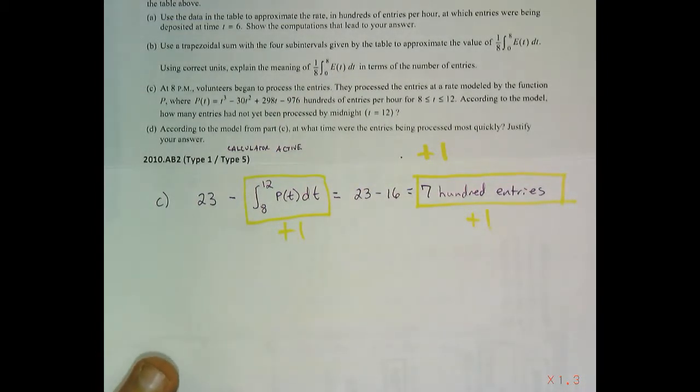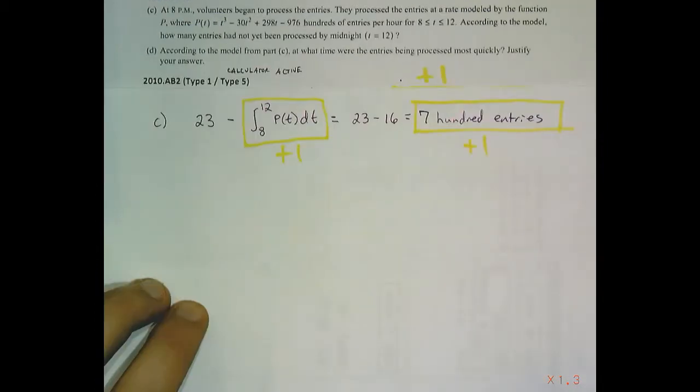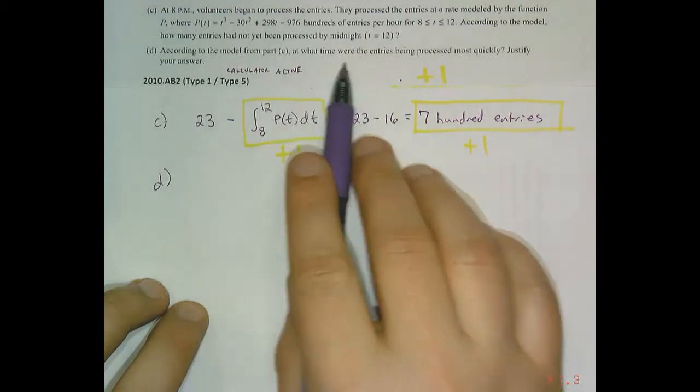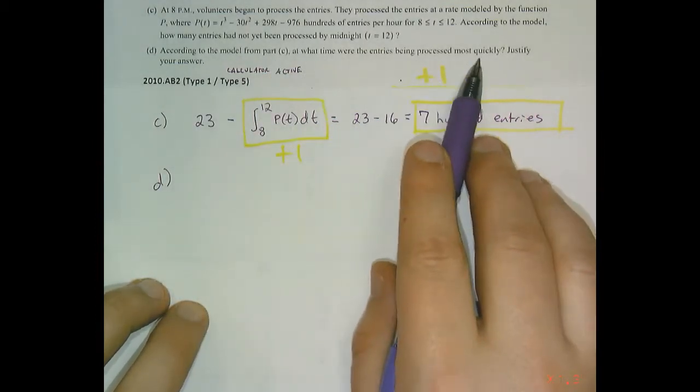All right, and on to part D. According to the model, at what time were the entries being processed most quickly?